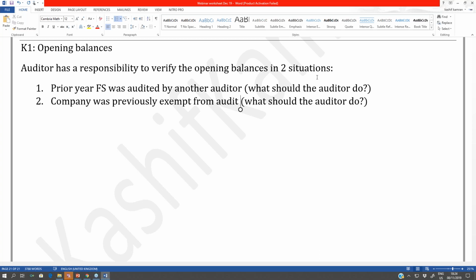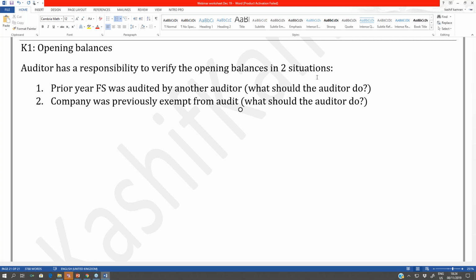When the prior year financials are audited by another auditor, what should you do as an auditor? How would you verify the opening balances in this situation? And when the company was previously exempt from audit, what should the auditor be doing to verify the opening balances? But the auditor does have a responsibility to verify the opening balances.